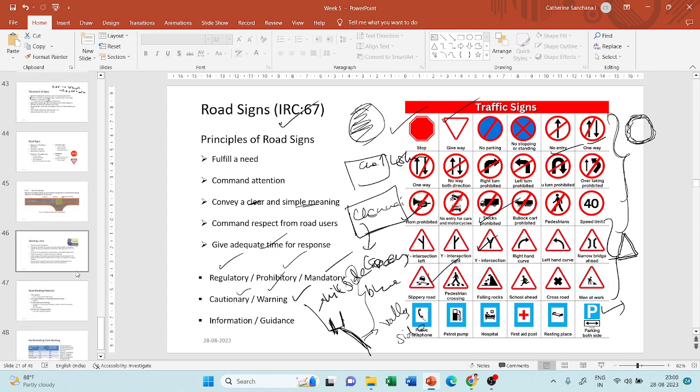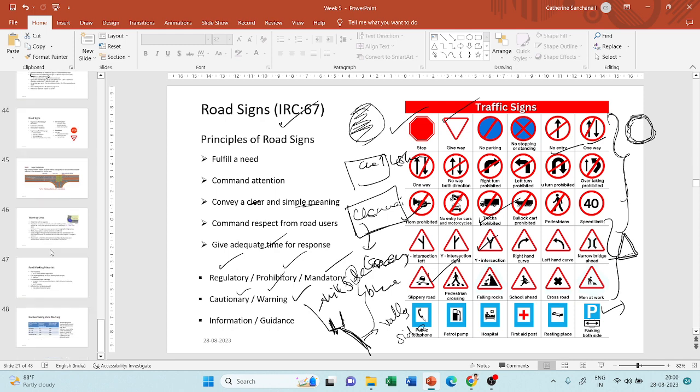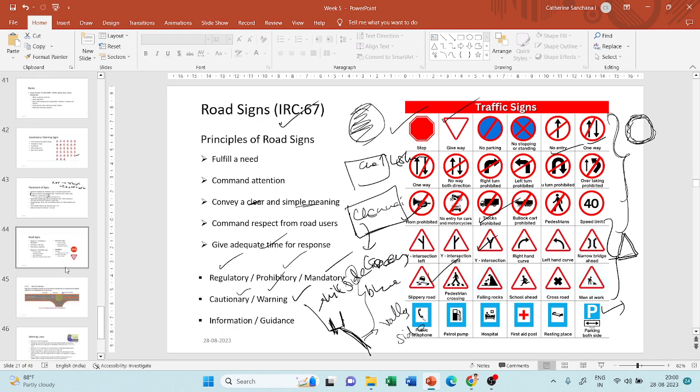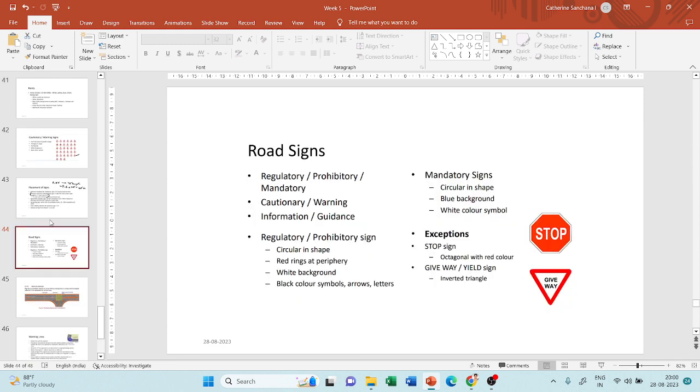The shape and border are the same; the only thing is the background color. So mandatory signs are circular in shape, blue background, white color symbol. Prohibitory and regulatory signs are circular in shape, red rings at periphery, white background, black color symbols.